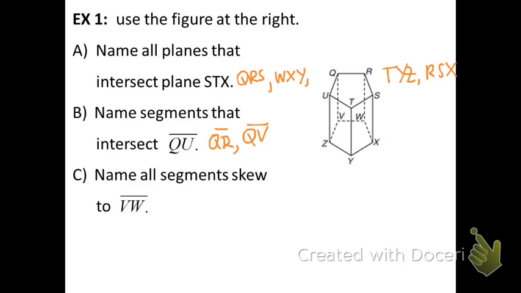Then we'll go to the U, QU, and at that vertex here, we have UZ. And then we also have UT.